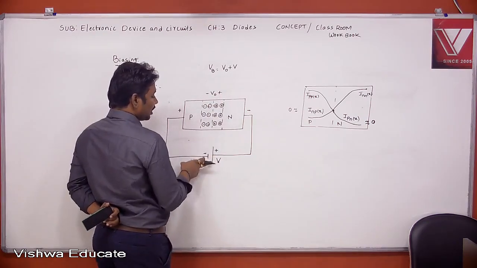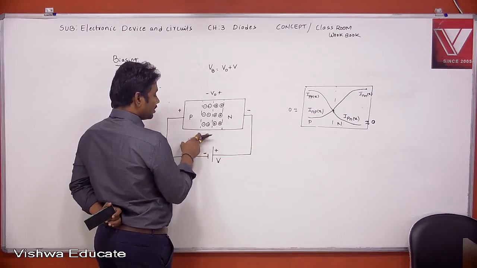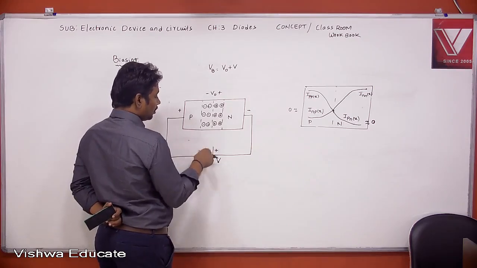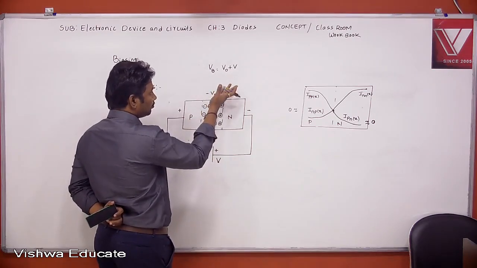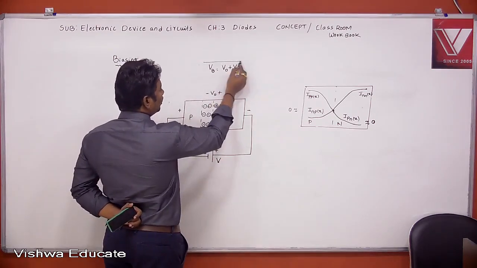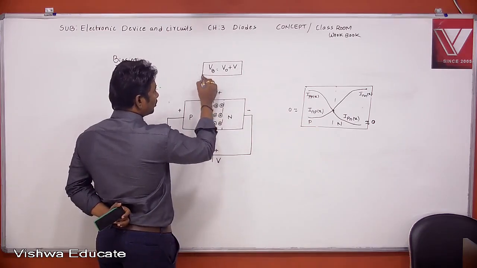That means the applied voltage and the existing barrier potential are in the same direction, so the net barrier potential is increased.